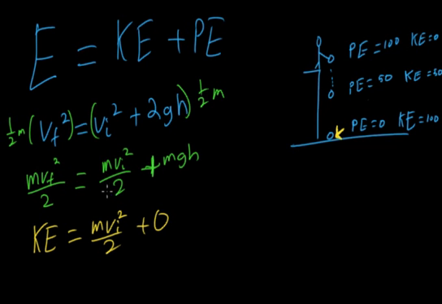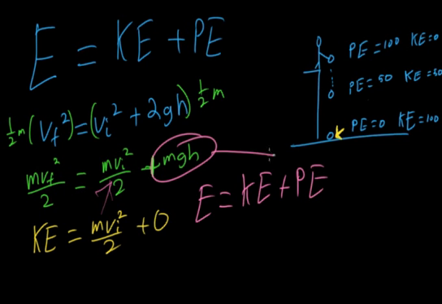So if that's the kinetic energy, and the total energy has to equal kinetic energy plus potential energy, then this must be the potential energy. So this is a very long-winded and somewhat convoluted way to tell you that the formula for potential energy is mgh, and this is gravitational potential energy.